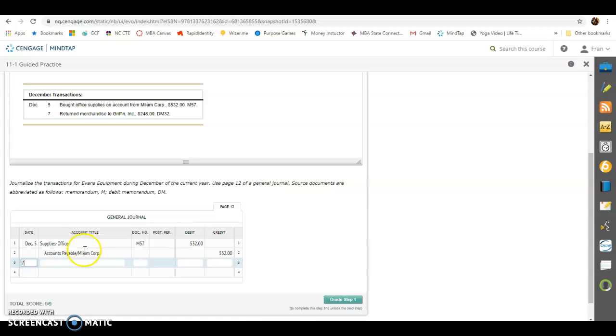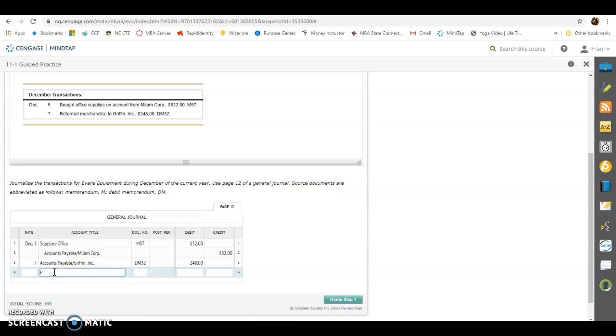So we're going to have accounts payable / Griffin Incorporated, DM32, and it's $248.